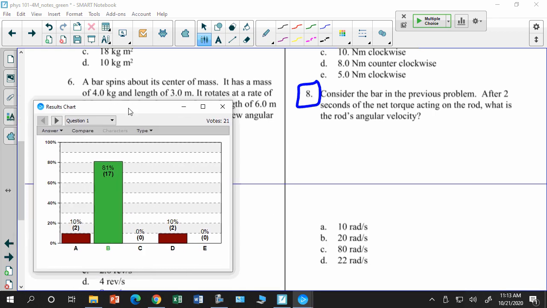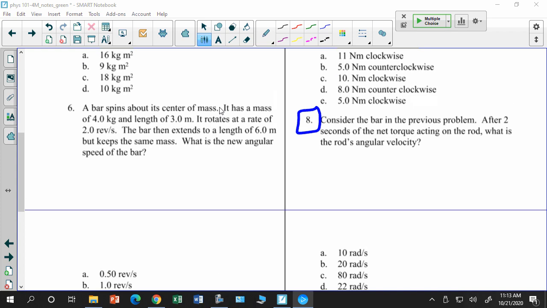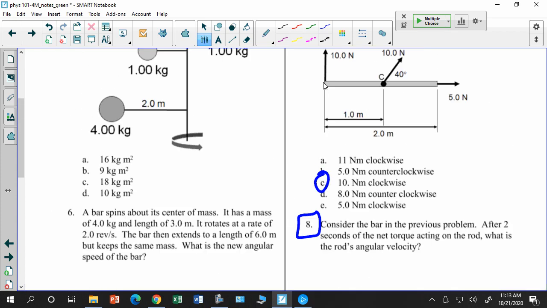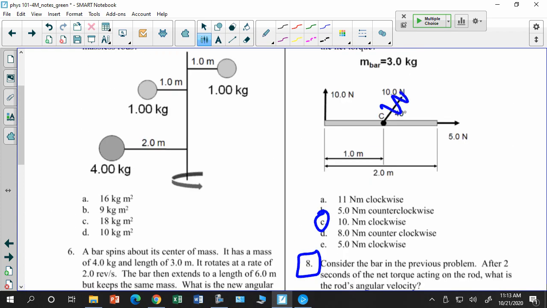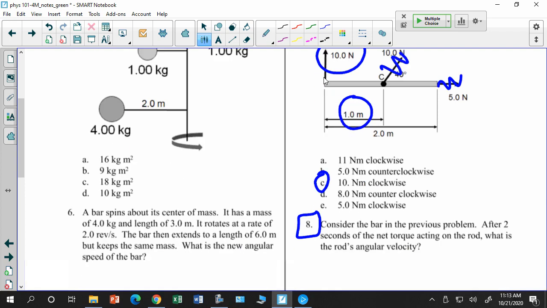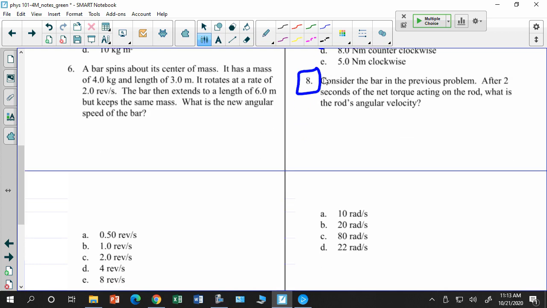So the first thing you need to do is find the torque. The torque is 10 Newton meters. Again, no torque from here and no torque from there. So your torque is just going to be 10 times 1. It's actually a negative 10 Newton meters, although at number 8 we don't use that. Now I know that my torque is equal to 10 Newton meters.